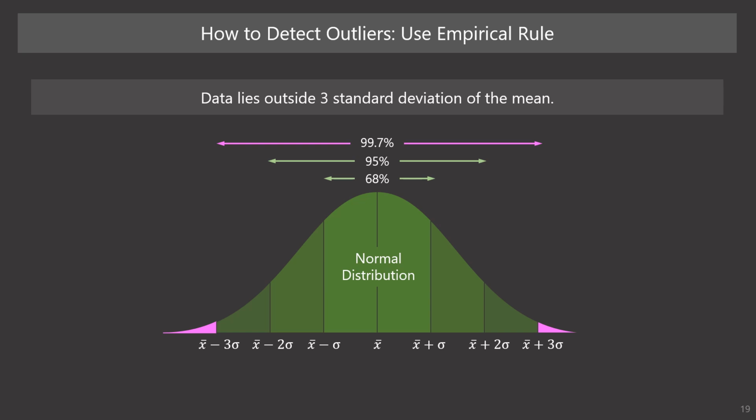Based on the empirical rule, we can define an outlier as data that lies outside three standard deviations of the mean. That is, data that lies in the red region in the figure can be regarded as outliers.